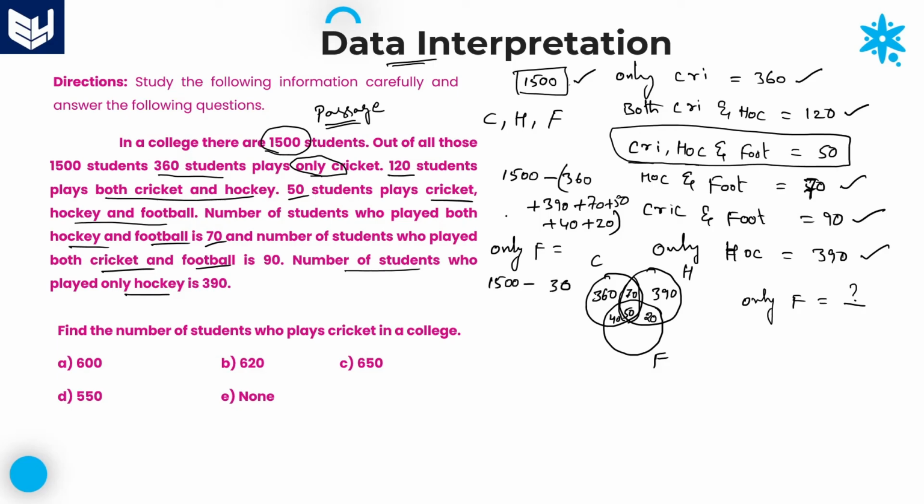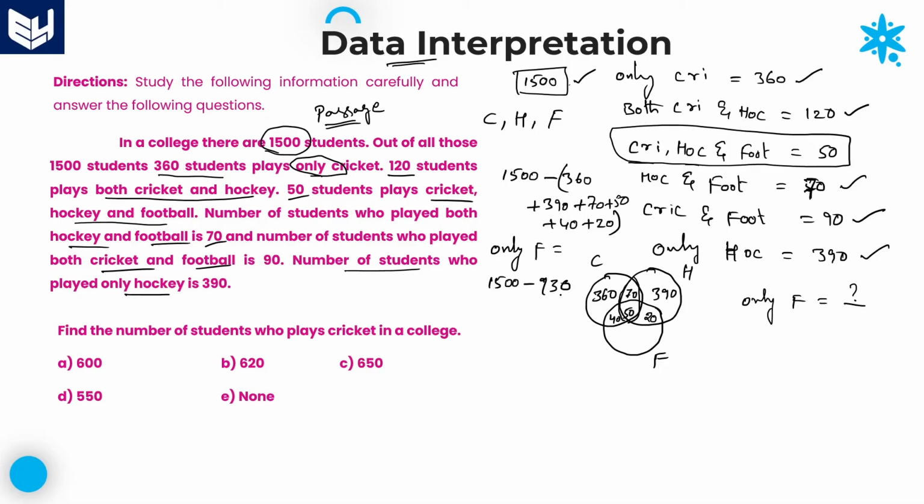Carry forward 3, then 3 plus 3 is 6, plus 3 is 9. So the sum of all the values except only football is 930.